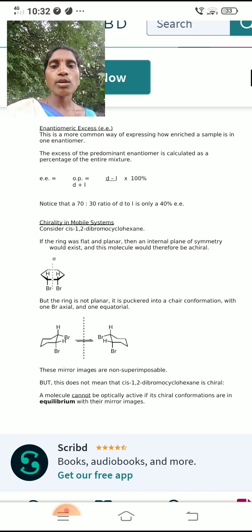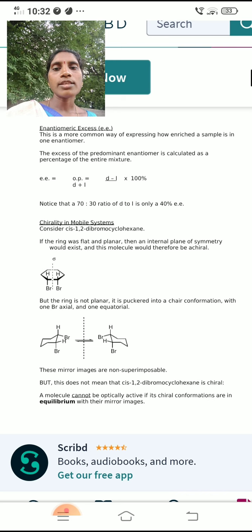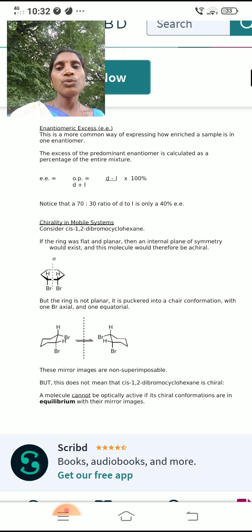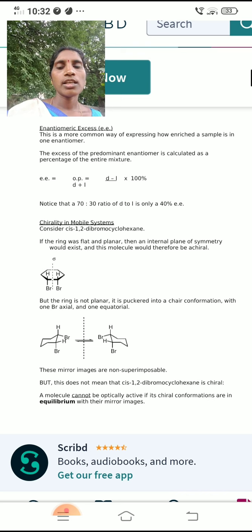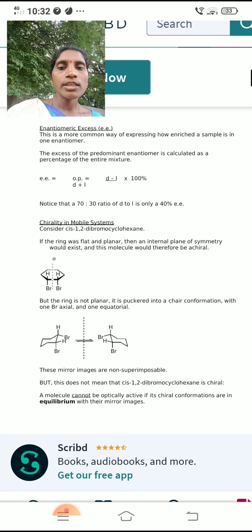The excess of the predominant enantiomer is calculated as a percentage of the entire mixture. The enantiomeric excess is indicated as EE.